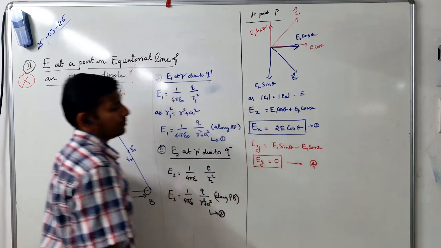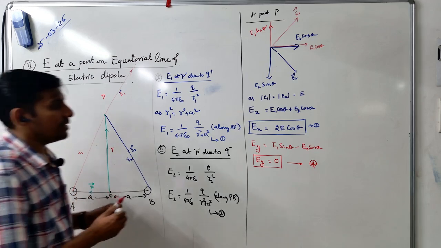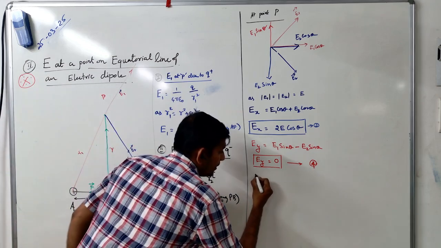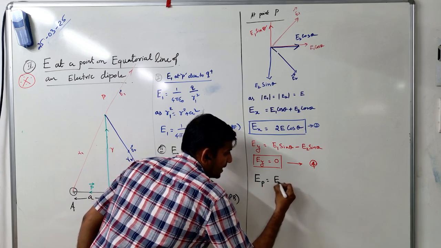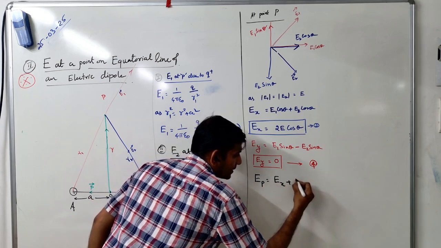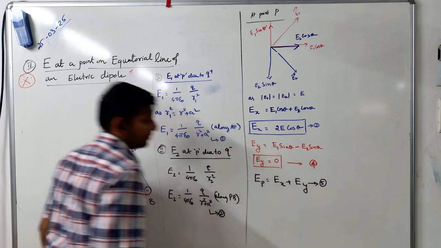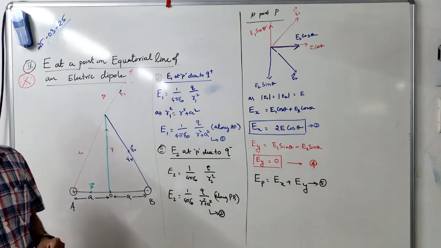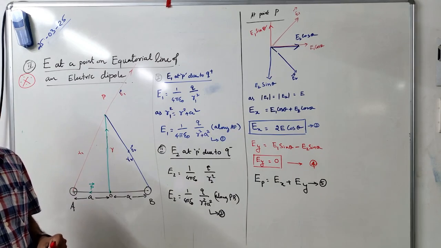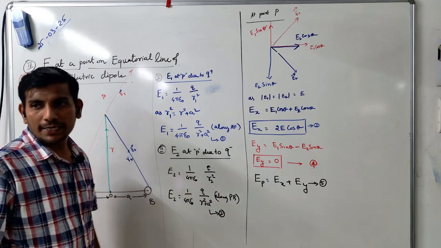Equation number 4. So the net effective field at the point P, E at the point P, should be equal to net E along X plus net E along Y. Let this be equation number 4. And this field is also known as E equatorial, right?